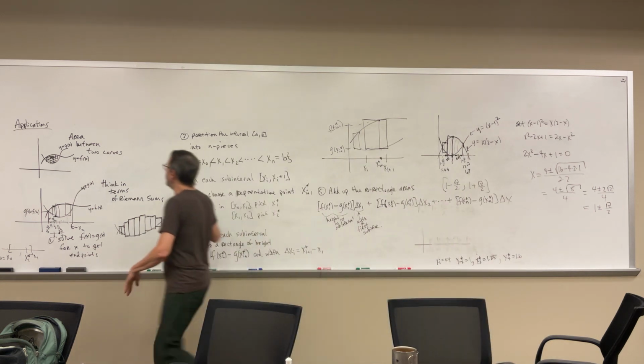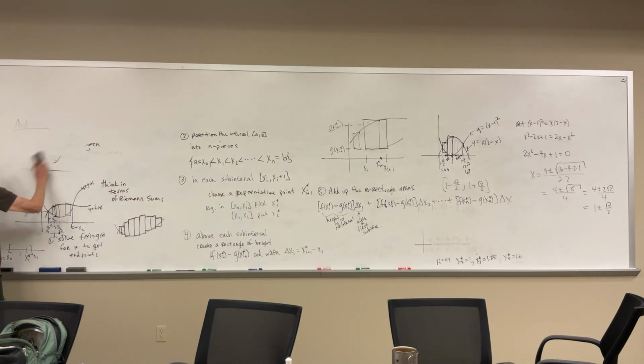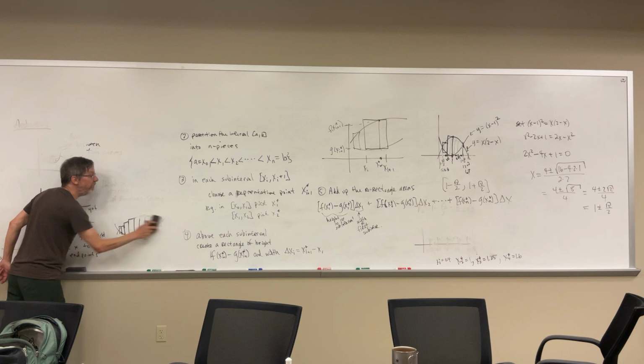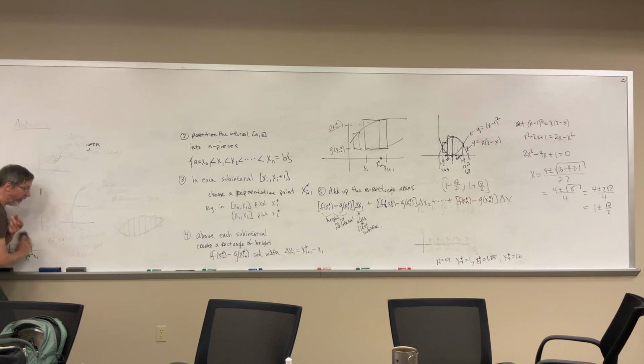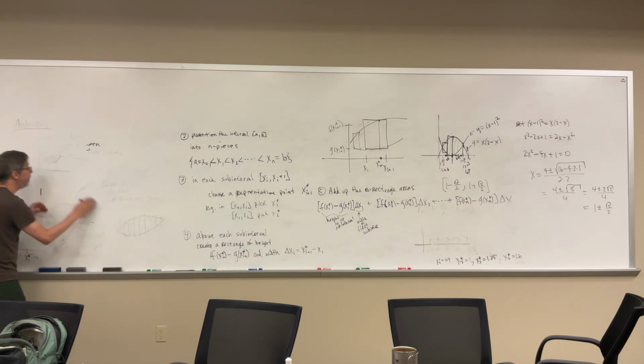But here's what we're gonna do, friends. We're gonna let the number of rectangles become infinite. We're gonna let the width of each rectangle go to 0. And those two things are the same process.